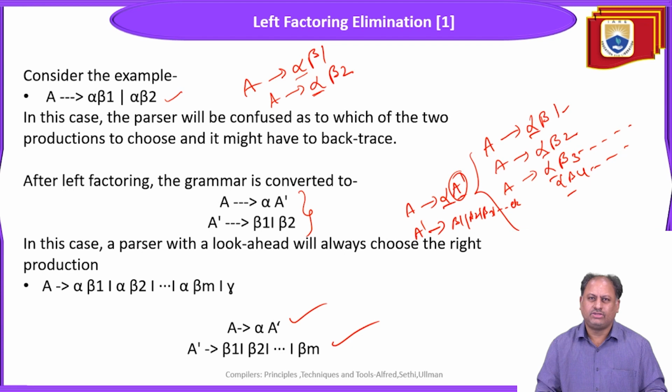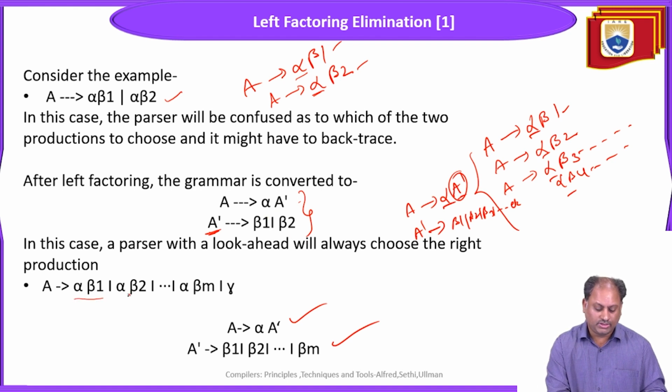Here is the case where only two production rules are available. Simply replace with A derives alpha A dash, and then A dash is beta 1 | beta 2.